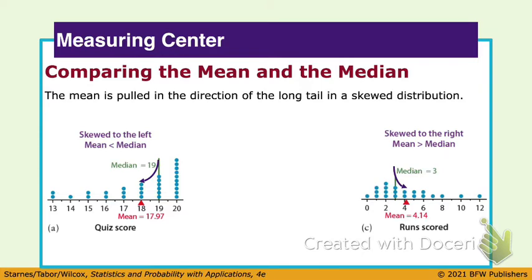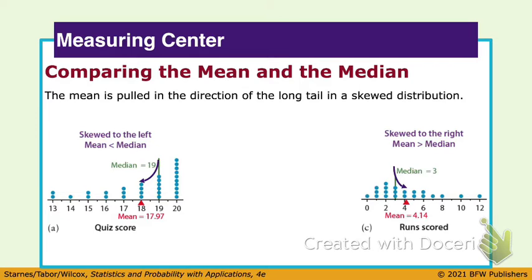With skewed data, the mean is going to move way more than the median does. The median will stay pretty close to where it started. And so if I have a distribution skewed to the left, my mean is going to be lower on the number line. My mean is going to be lower than the median, always.